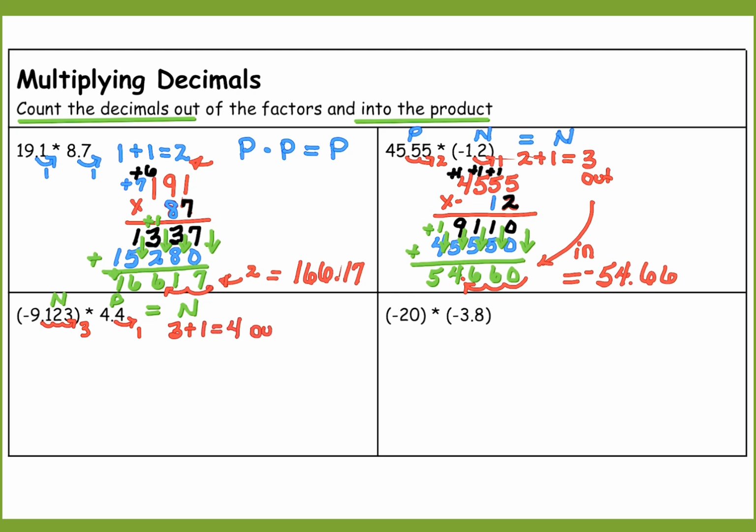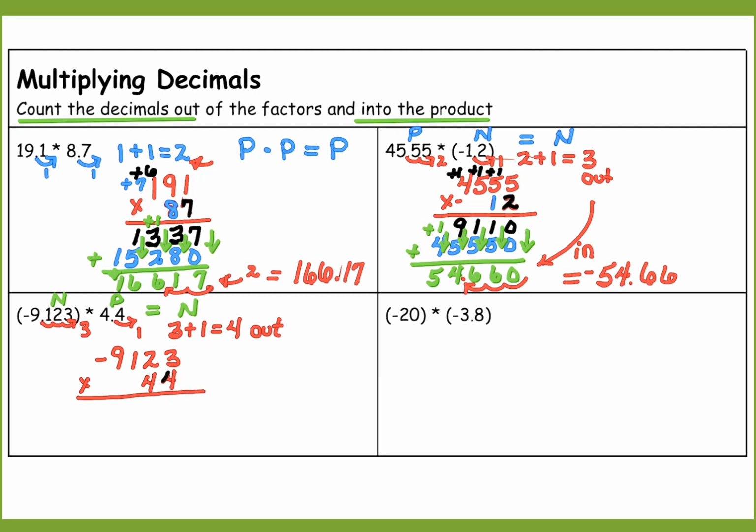That means we moved our decimal out 4 spaces. Now we're going to multiply these as if they were simply whole numbers. We have negative 9,123 times a positive 44 because we moved those decimals out.